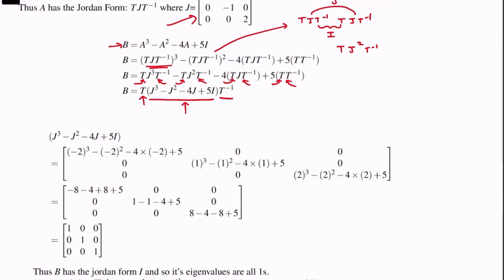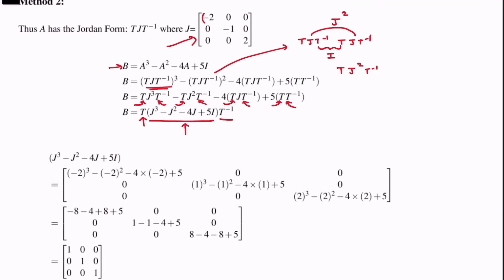So J cubed will be, for example, 2 power 3, minus 2 power 3, minus 1 power 3, 2 power 3. So it's simply this expression on the diagonal entries.